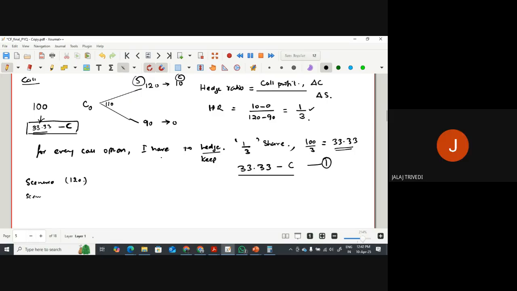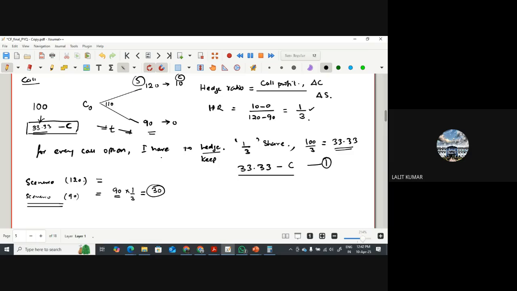I can directly calculate the amount from the scenario of 90. In the scenario of 90, I don't make any profit. The share value is 90, and I have got only 1 by 3 share, so I have only 30 rupees. Correct.